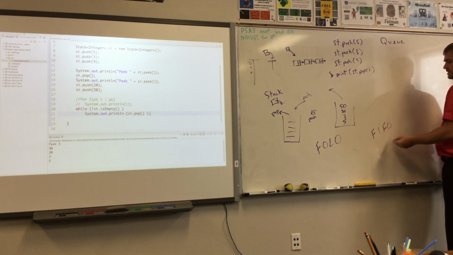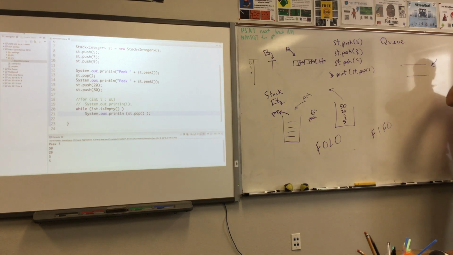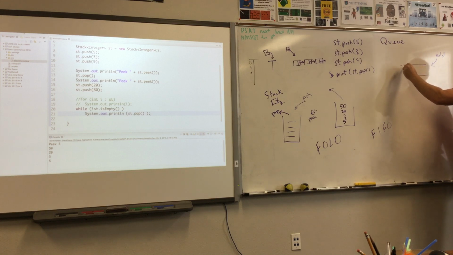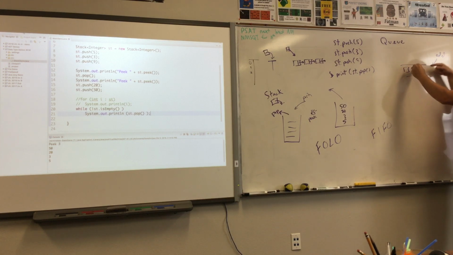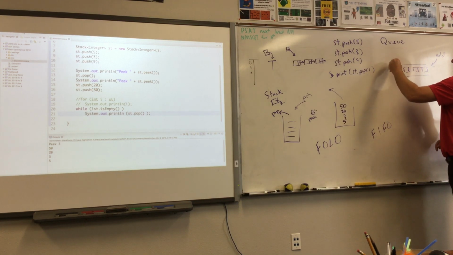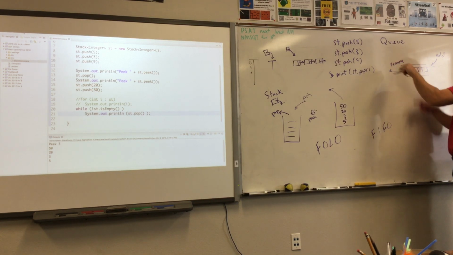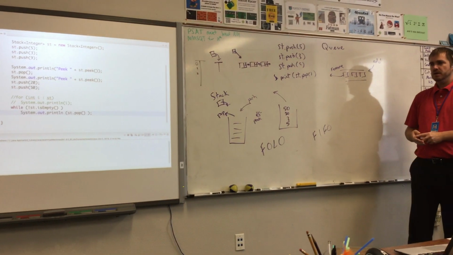First in, first out. So a queue resembles this: your data is getting added to the queue. Here's your data, here's your data. Sorry, it should look like this. You go into the queue, and another one comes into the queue, and another one comes into the queue. And then when it leaves with the remove method, the first one in is the first one out. Okay?